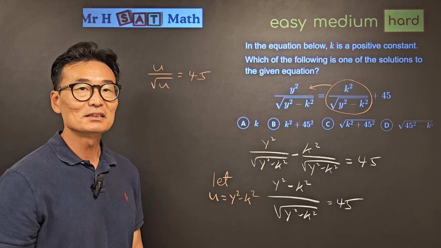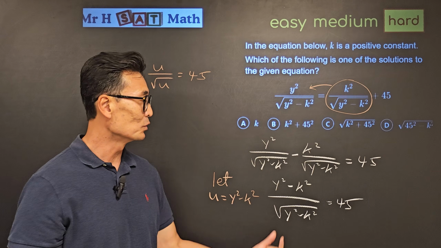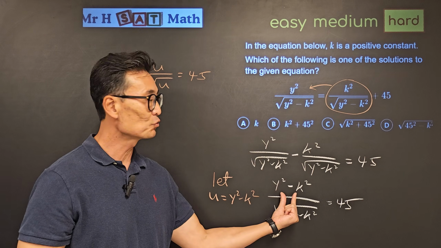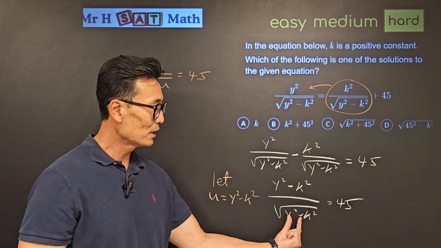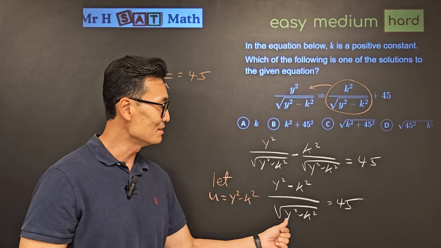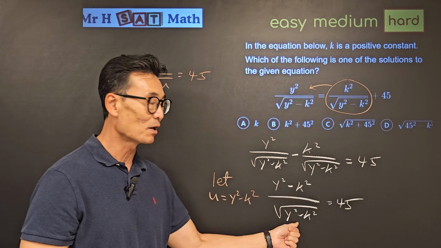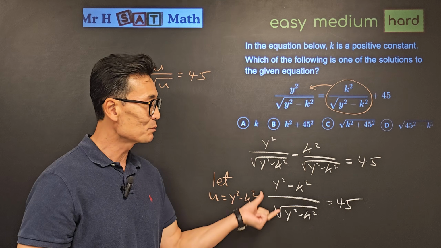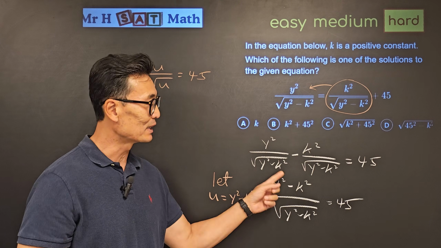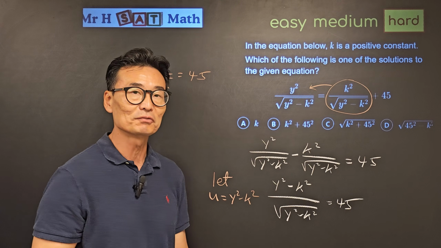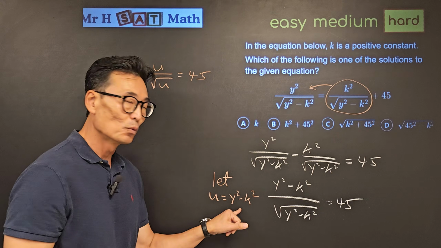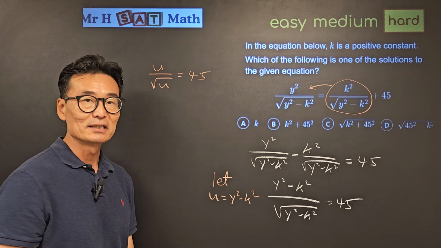When taking the SAT, you want to notice these things. You want to notice that y squared minus k squared is on the top of the fraction, and also y squared minus k squared is inside the square root sign, but underneath the fraction. There's got to be a way to do something with these two so we could combine them or simplify them. And one of the ways is to use substitution like this.